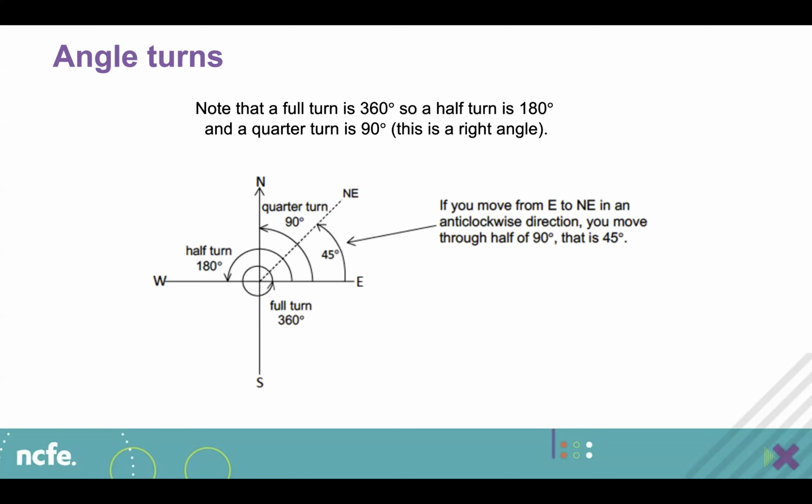If you move from east to northeast in an anti-clockwise direction, you move through half of 90 degrees, which is 45 degrees.